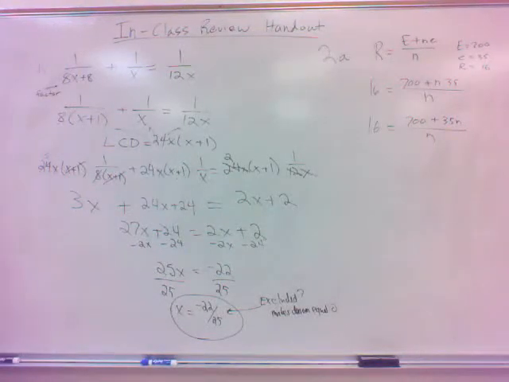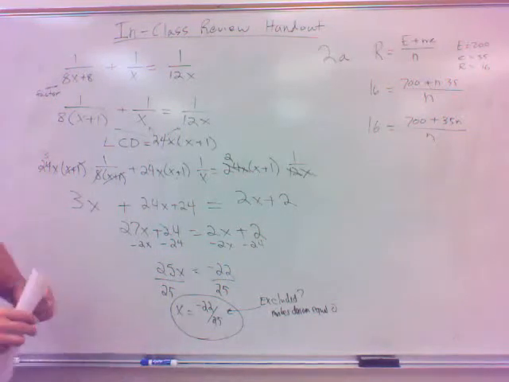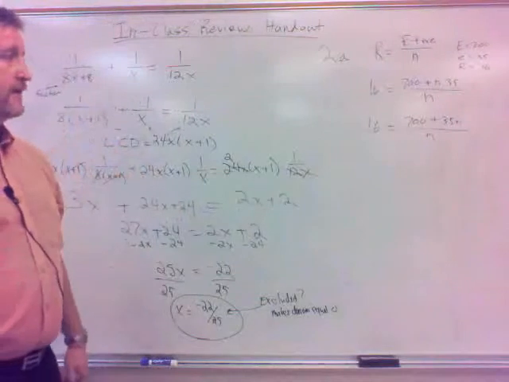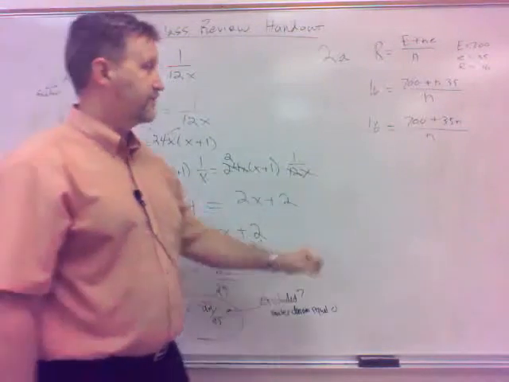But then the other thing is, what about this? How do we go about solving this? Well, you can look at it a number of ways. Probably the easiest way to look at it is this n being in the denominator. I need to fix that, so to speak.